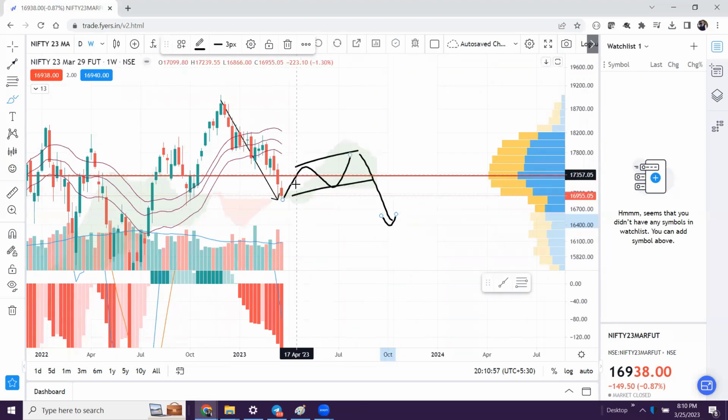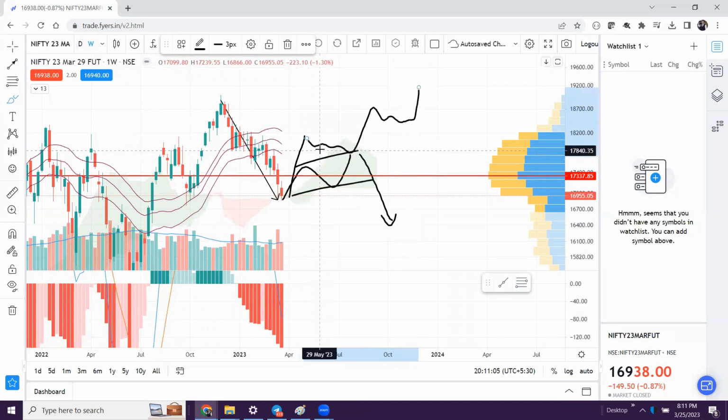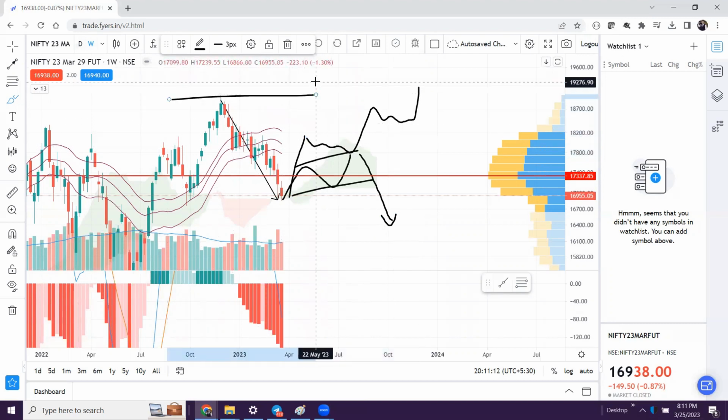The only thing for upside is that if on the daily this is fast, and then we get another and another, so this is the impulsive way, but we are not expecting this as of now. And if we get it, then only this all-time high will be cleared. And this is also a possibility that we get a three-wave corrective structure.